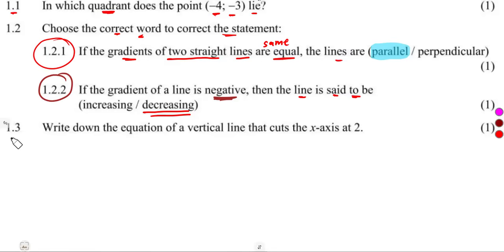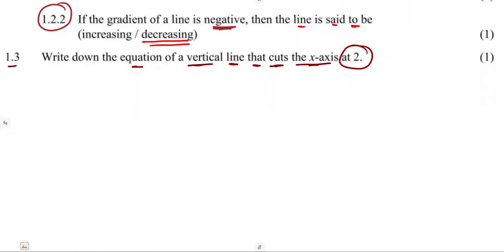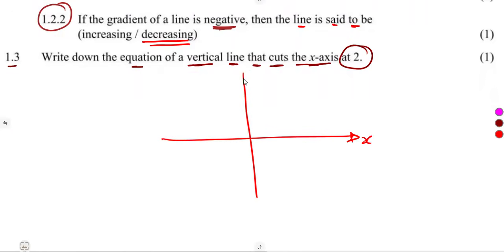All right, let us move on to 1.3. Write down the equation of a vertical line that cuts the x-axis at 2. If a vertical line is drawn, remember a vertical line like this, what is going to be its equation when it is drawn on a Cartesian plane?